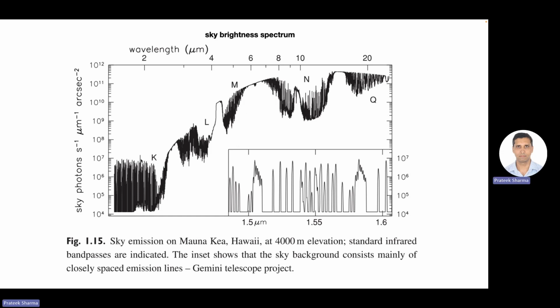And if you zoom in on this region, for example, from 1.5 to 1.6 micron, this is how these things look. They're extremely complicated, this emission from molecules. And this is at Mauna Kea, Hawaii, which is among the best places on the earth to do these kinds of observations.